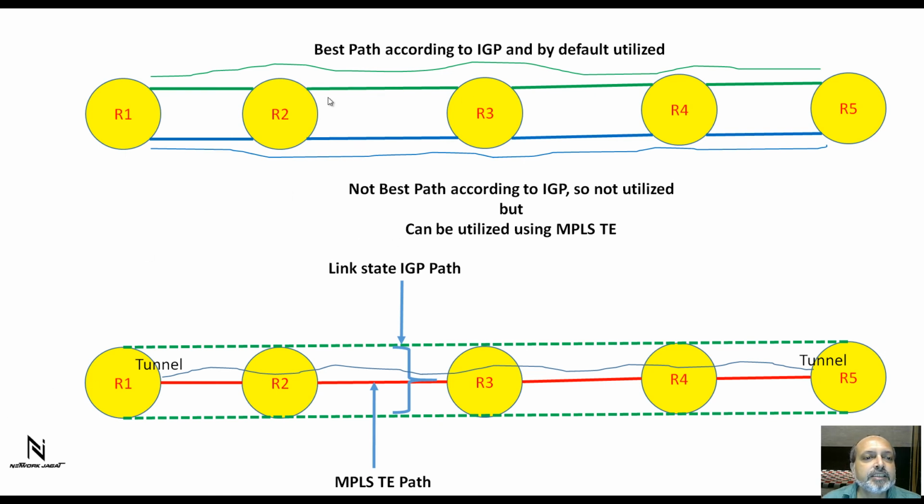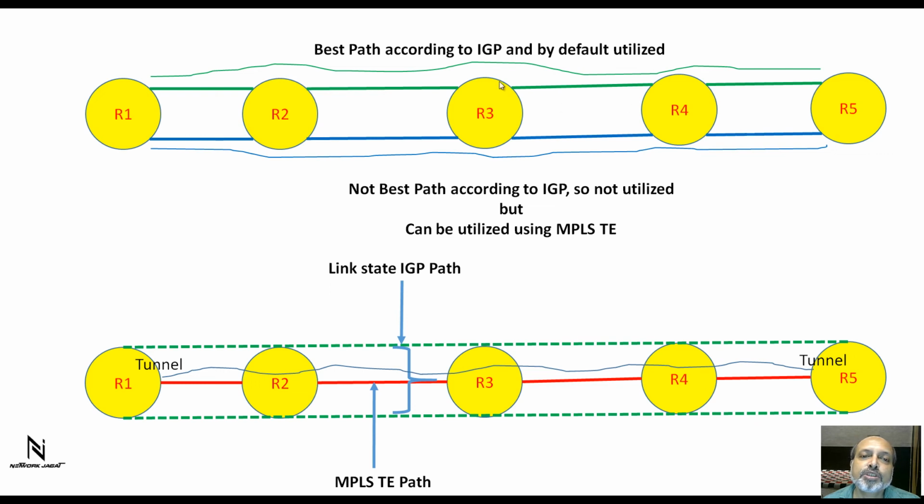Once again, this is an IGP path, this is an MPLS TE path, and our destination is somewhere beyond this tail end router. In that case, it will be load sharing, and obviously equal cost load sharing.